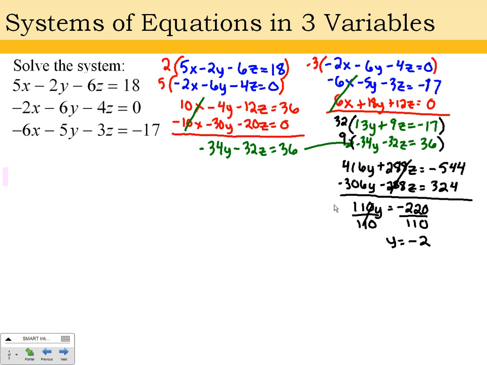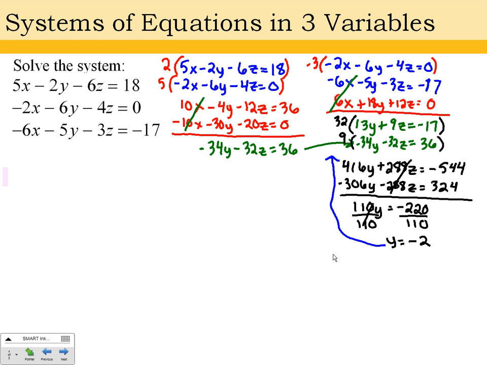Now we need to take this back and plug it in to one of our equations where we had y and z. Okay, there's a whole bunch of them we could use, like this one over here, these two, even these two. But I figure the smaller the numbers are, the better, because that's less room for error.